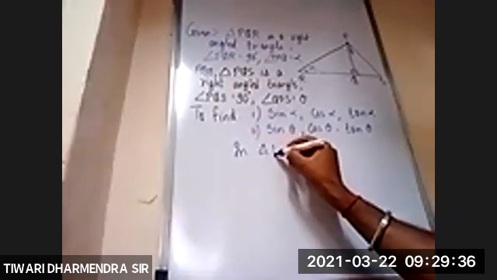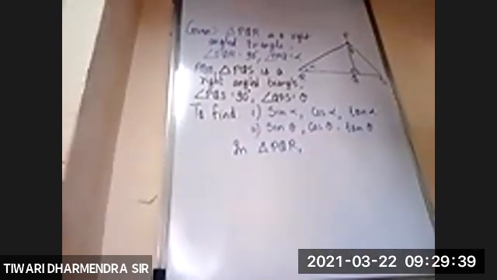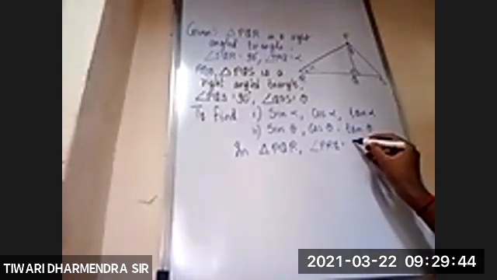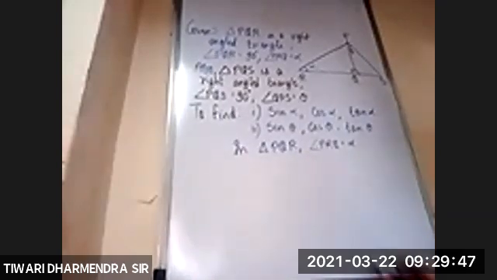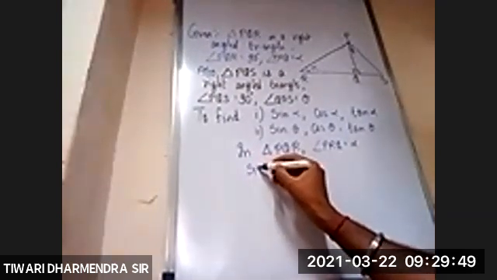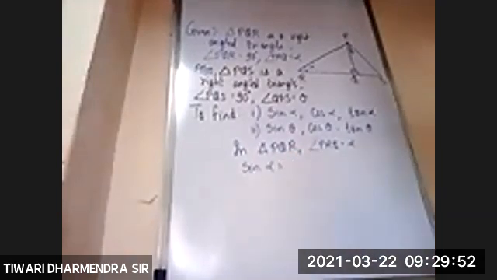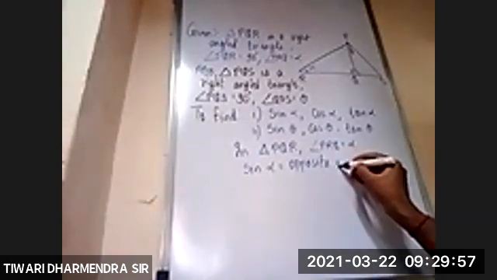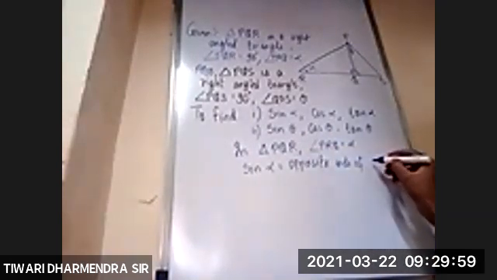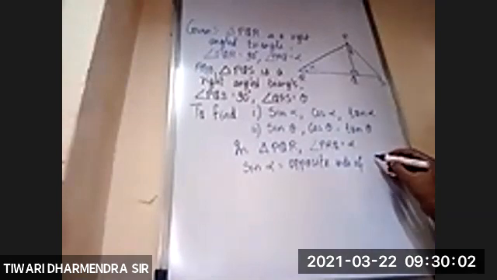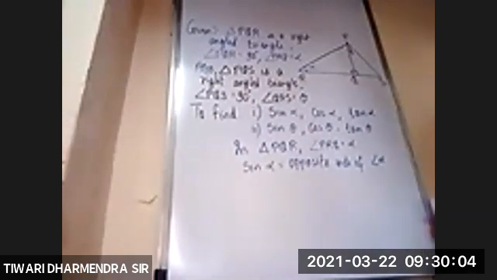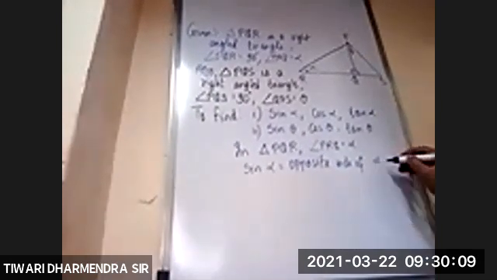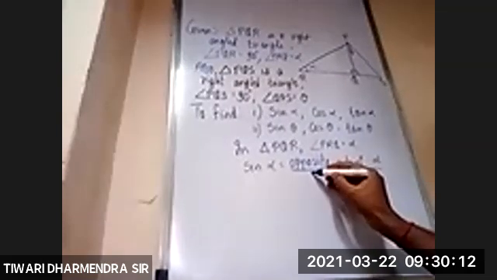In triangle PQR, angle PRQ is equal to alpha. So sine of alpha is equal to opposite side of angle alpha. Actually, it is a value, so just write alpha, divided by hypotenuse.